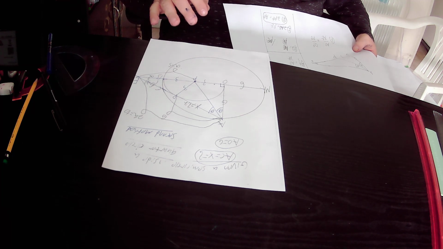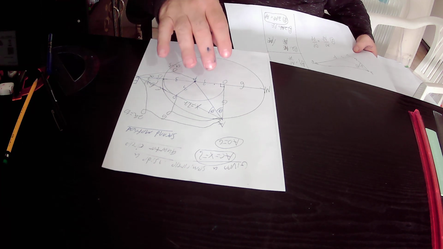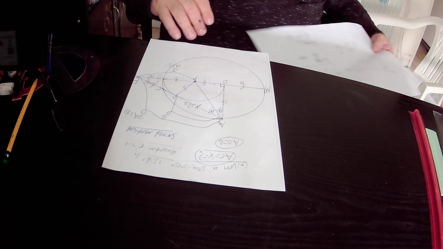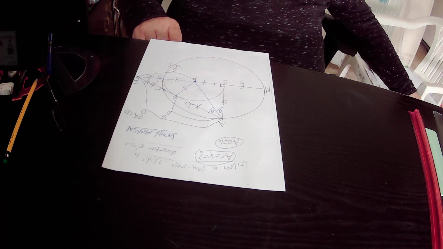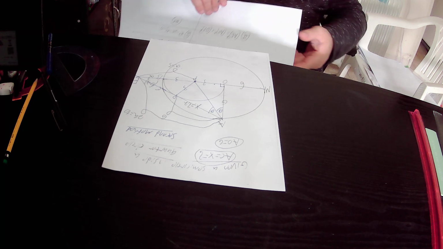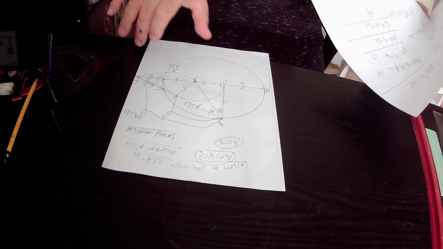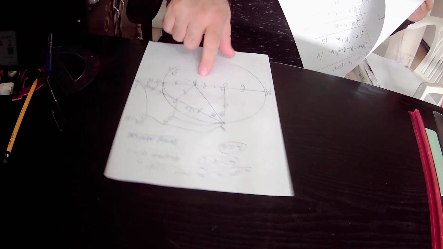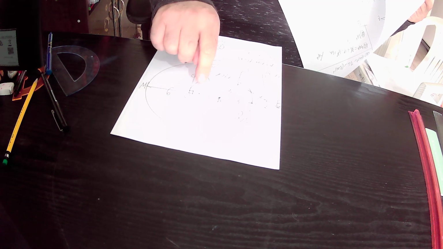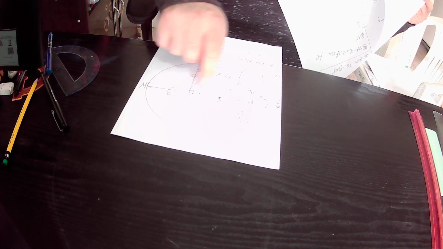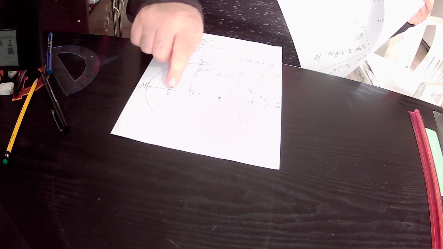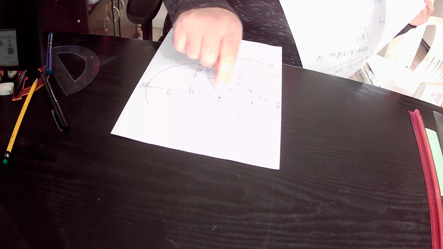Now we can apply the Pythagoras theorem on the right triangle, triangle AOE. Side OE equals OP plus PE.